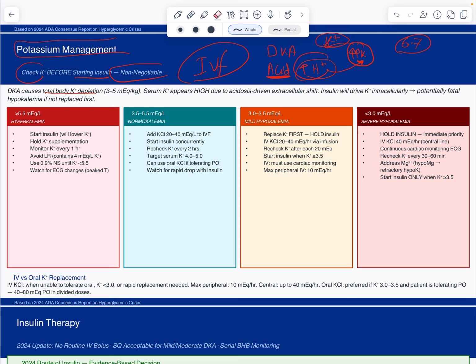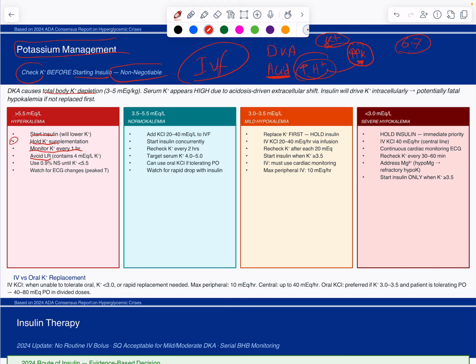We have different scenarios. In the first scenario, the potassium will be more than 5.5, which is above the normal range. So this is hyperkalemia. In this case, we'll not start potassium. Of course, we'll start insulin, and this will lower the potassium. At this point, you don't give any potassium supplementation. You keep monitoring the potassium every 1 hour.